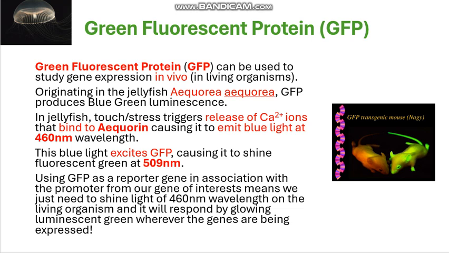In the jellyfish, when they're touched or stressed, they release calcium 2+ ions that bind to aequorin, causing it to emit blue light at 460 nanometer wavelength. This blue light then excites the GFP proteins, causing them to shine a fluorescent green at 509 nanometer wavelength.